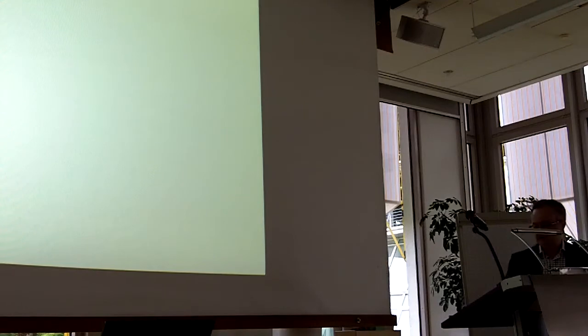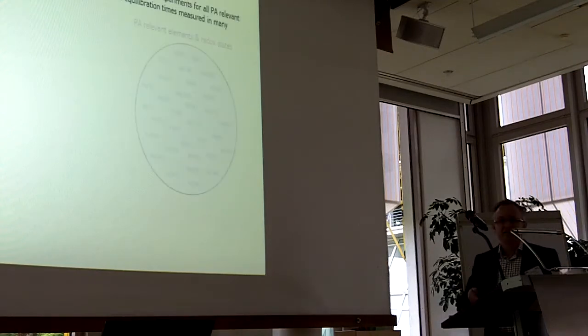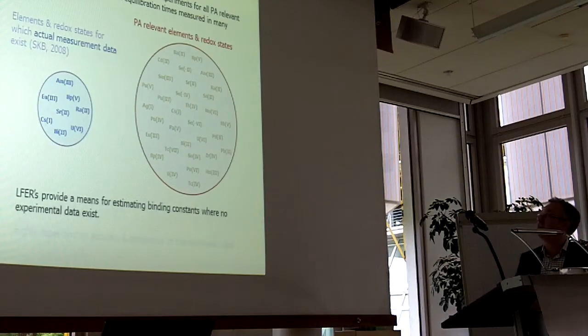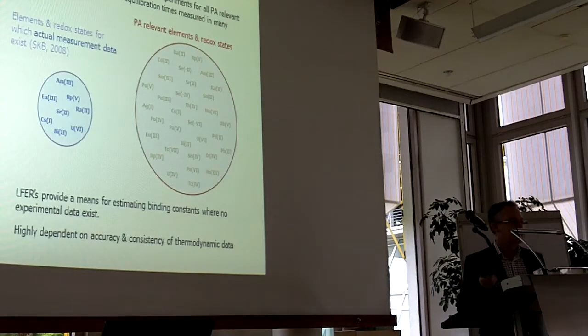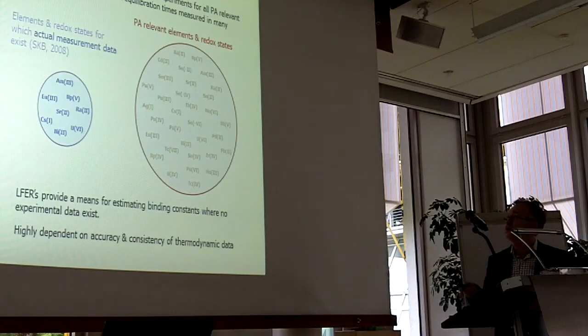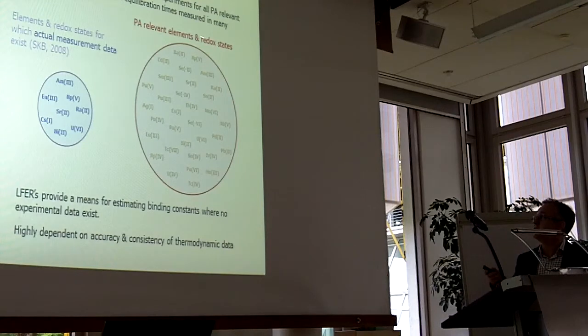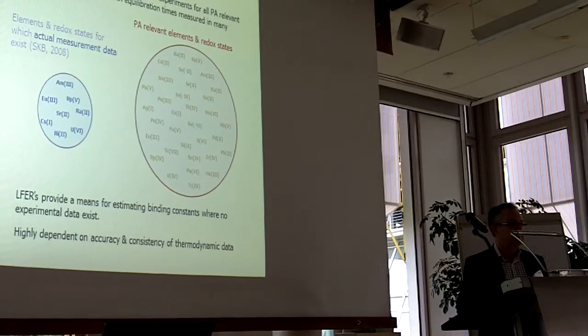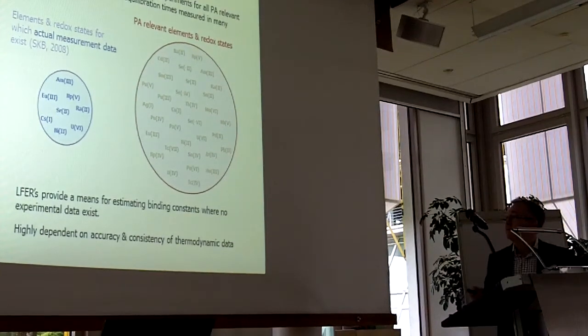So why are these important? The main reason is that it's generally not possible to make sorption experiments on all the solutes you'd really like to be able to study in PA, particularly when you have equilibration times for these materials that may extend to many months, sometimes even years.